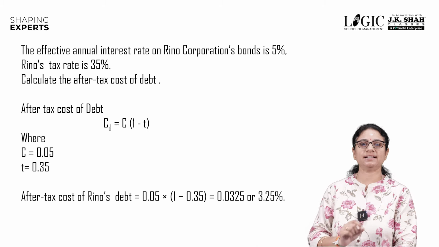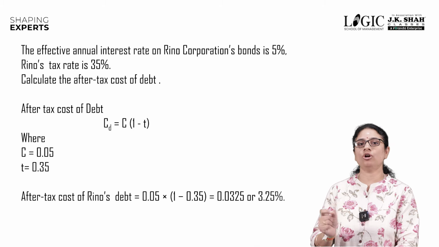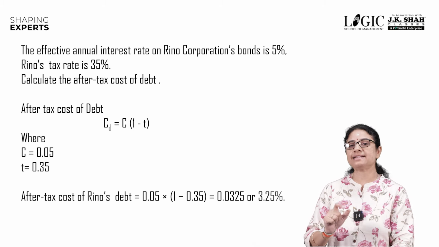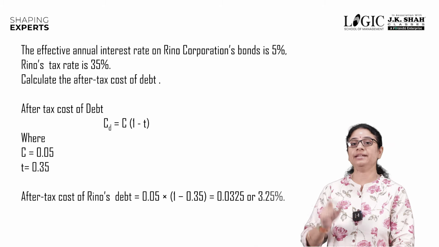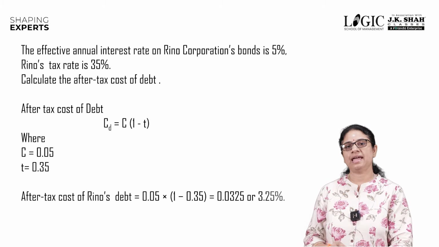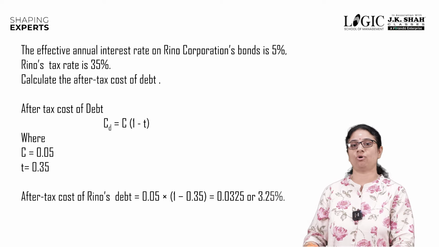Now let us consider this example. The effective annual interest rate on Rhinos Corporation bonds is 5%. Tax rate is 35%, and you need to calculate the after-tax cost of debt. The interest rate of 5% is the market interest rate for bonds.